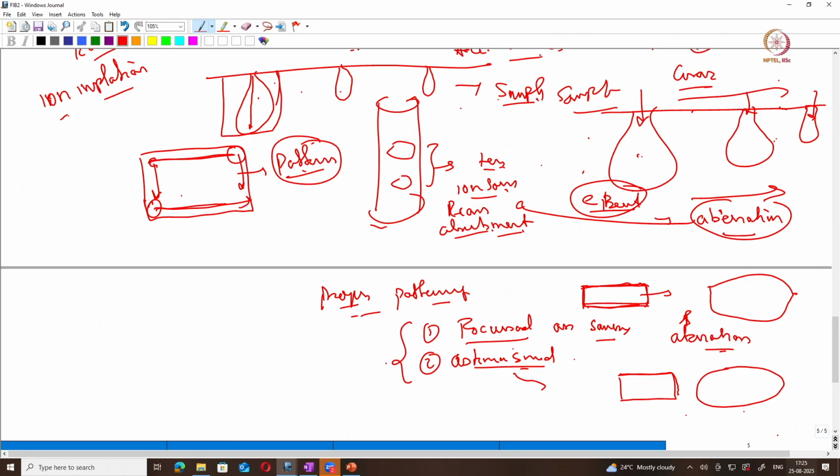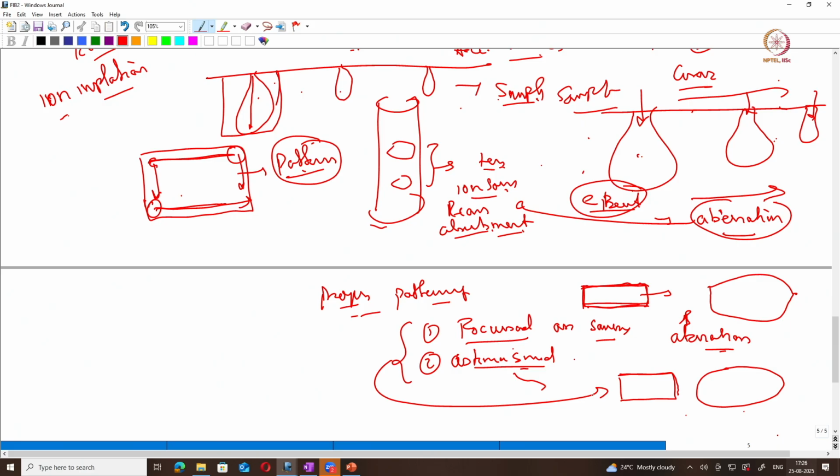And both these can exist at a time, which can lead to very distorted milling. We can call it a milling or sputtering process, and you will not get the exact morphology of the specimen that you need.